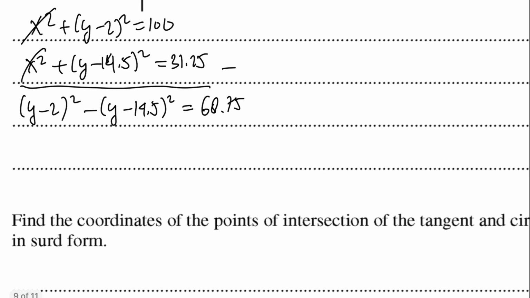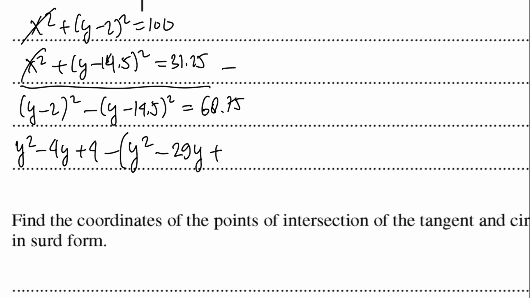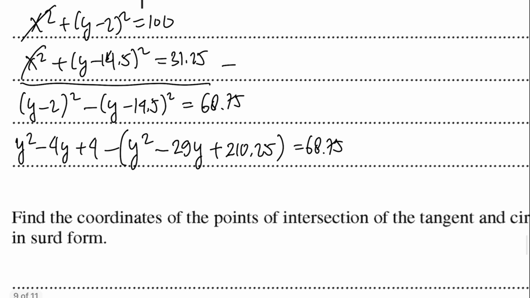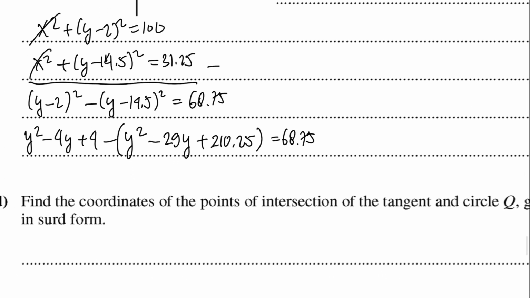So we can expand: y squared minus 4y plus 4 minus, put bracket, y squared minus 29y and then plus 14.5 squared, which is so ugly, 210.25, equals 68.75. Oh, thank God, the y squared cancels.